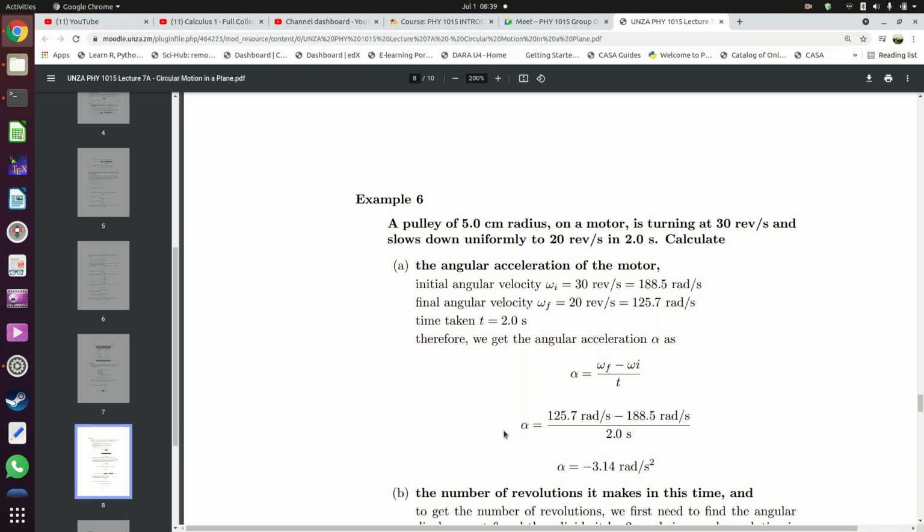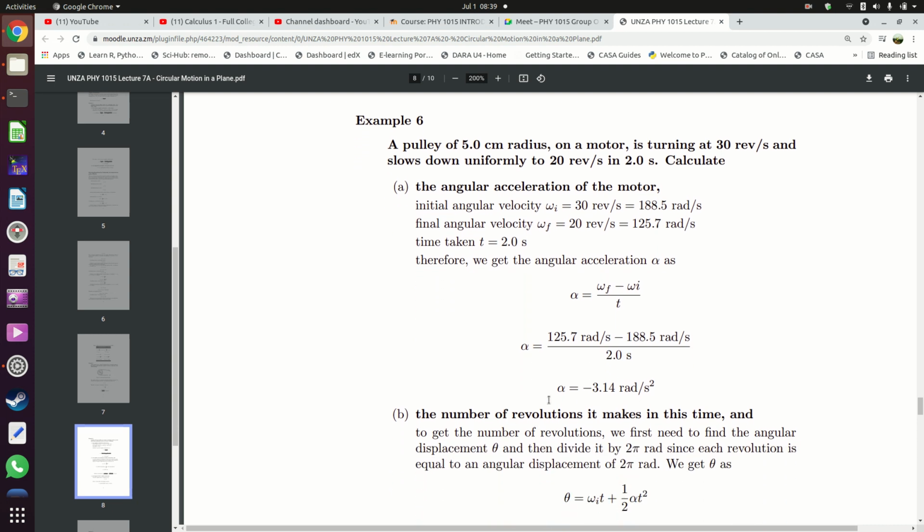When you do that, you end up with an angular acceleration alpha, which is minus 3.14 radians per second squared. So in this particular pulley, in these 2 seconds, it slows down. It loses 3.14 radians per second of rotational motion every second.